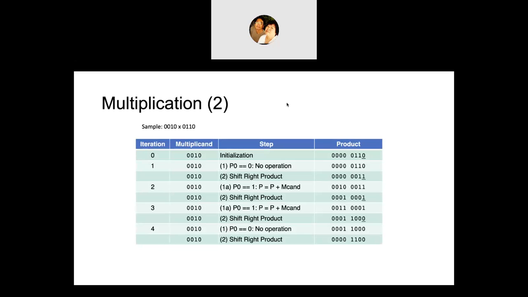Look at how we can use this kind of algorithm in terms of a table. Look at this table. The same as before, we have the multiplicand like this and the multiplier like that. In the first iteration, or we can say the initialization, we simply put the multiplier into the right side of the product.